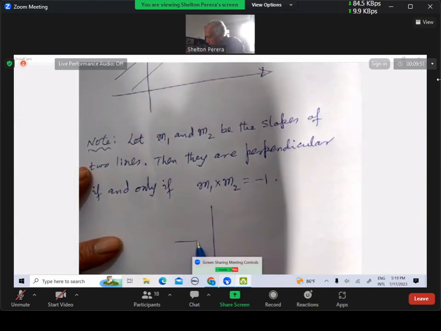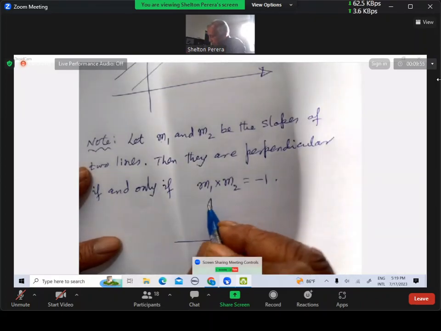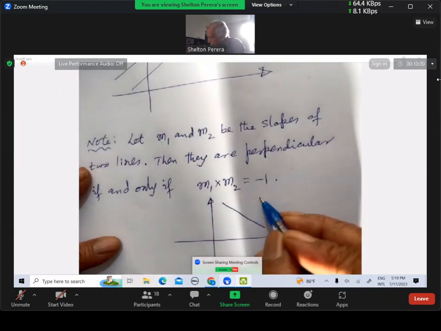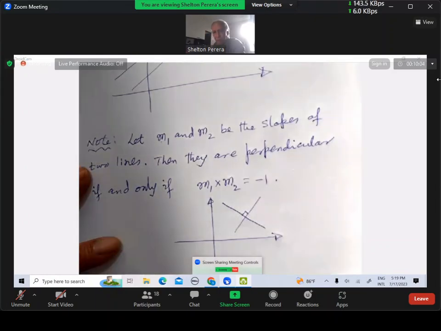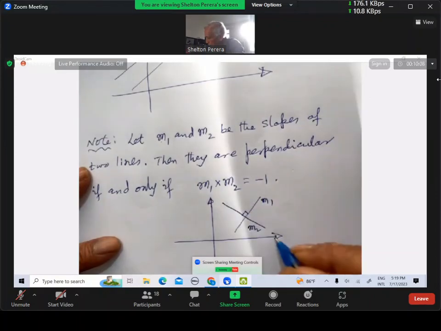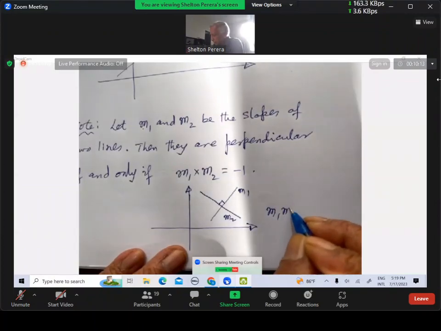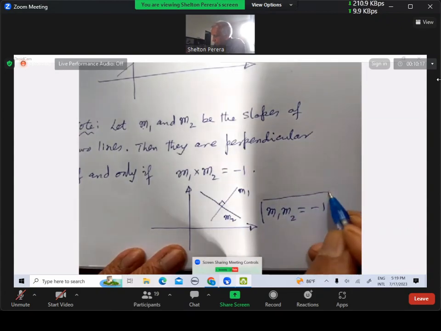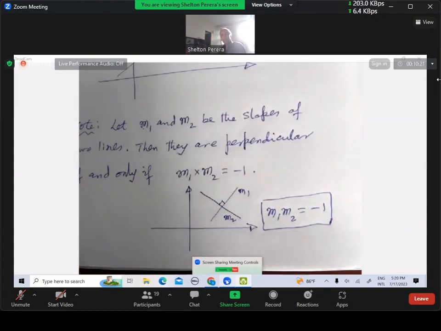Let me draw a diagram for that. Suppose this is one line and this is a line perpendicular to it. Suppose the slope of this line is M1. Suppose the slope of this line is M2. Then we must have M1 M2 equals -1, which can be proved using Pythagoras theorem. But let us just know the condition for now.